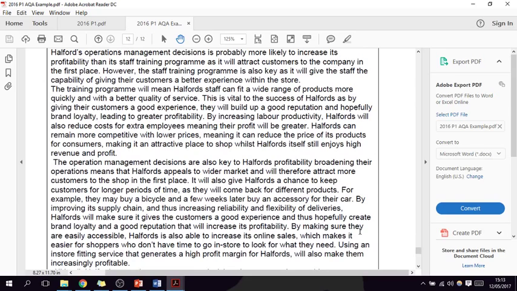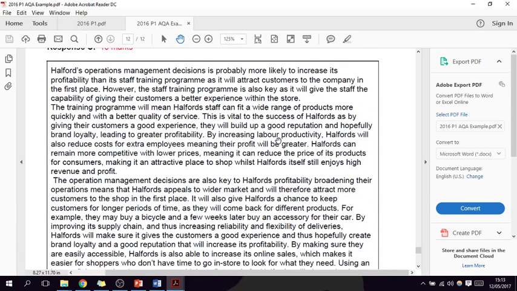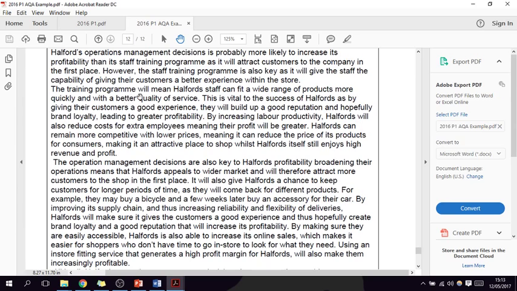The final one got into the top bracket. It's not the best answer. I recommend starting off with the definition. They then discuss the training program, then operations management.